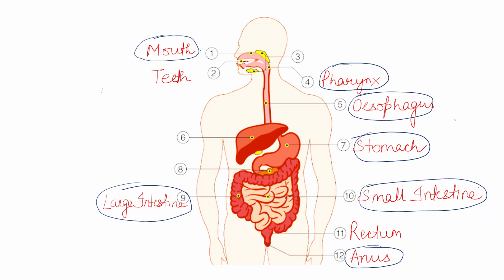Here you can see the salivary gland in the mouth, this is the liver, and this is the pancreas. So how many glands? Salivary gland, liver, and pancreas.